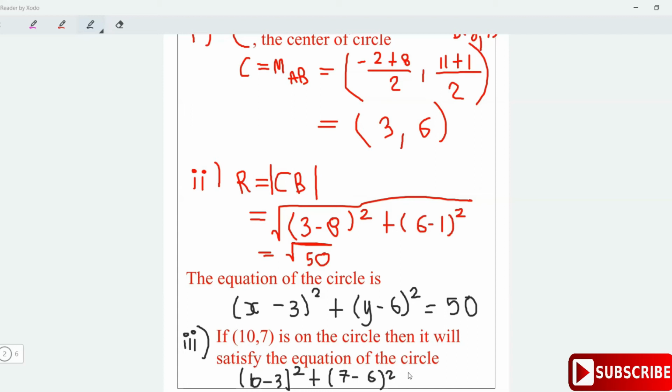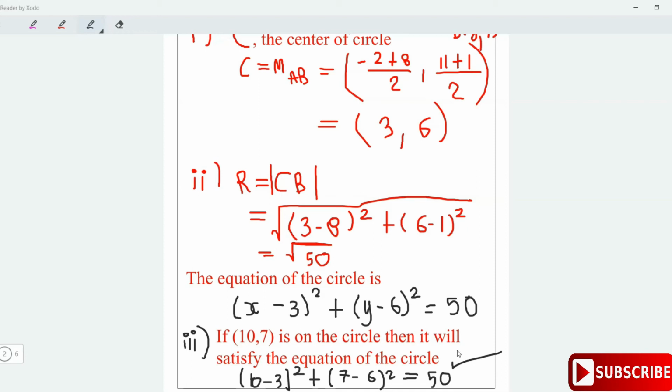So since this works out to be equal to 50, we're good. (10, 7) lies on the circle. It satisfies the equation. Hence (10, 7) is on the circle, because when we plug in 10 and 7, we still get back 50.